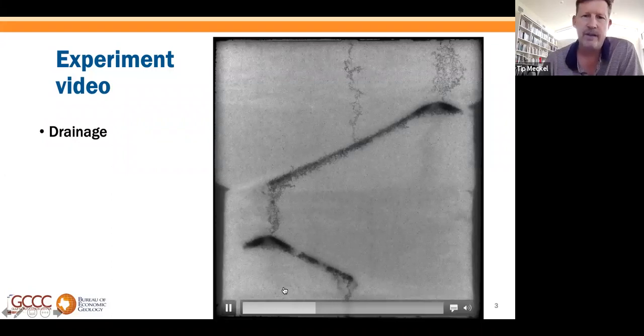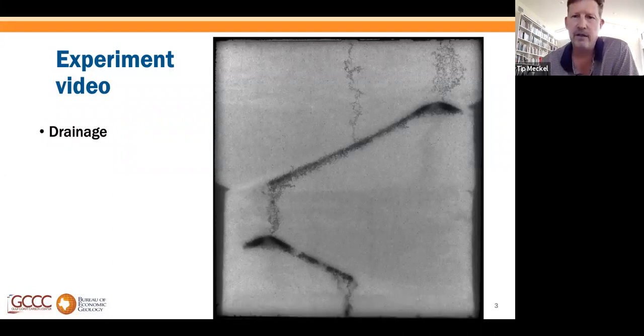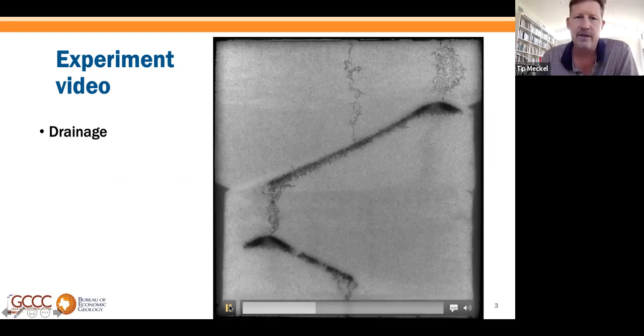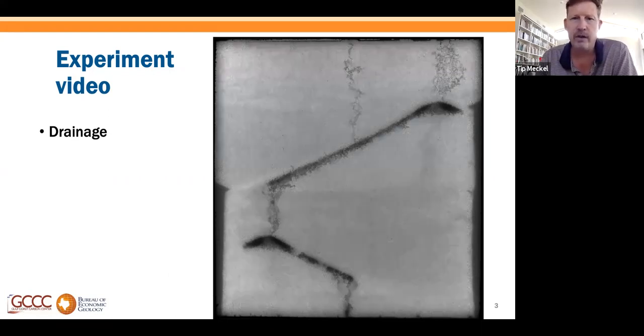One of the things we really like about this tank is that you can visualize a lot of things that are happening in the buoyancy or capillary flow regime that are otherwise very hard to visualize at a scale. She may not have mentioned this is about a 60 centimeter tank on a side. So these are much larger than core and certainly much larger than any sort of core plug or thin section type work you might do.